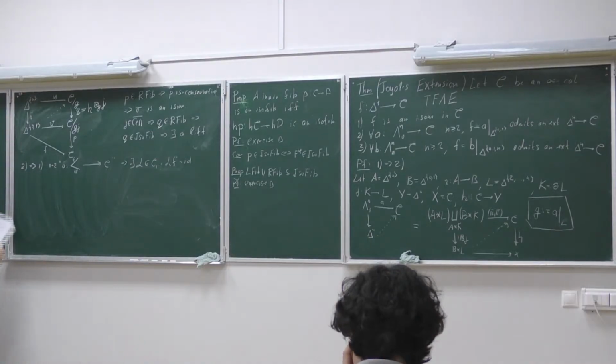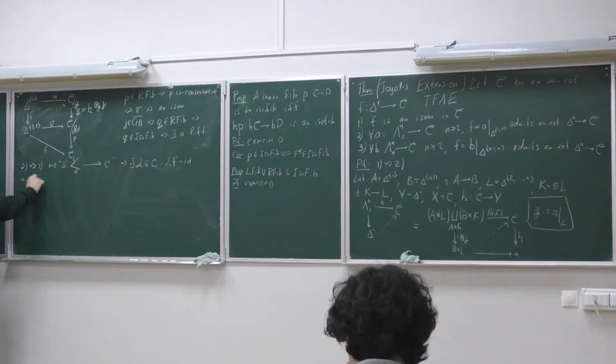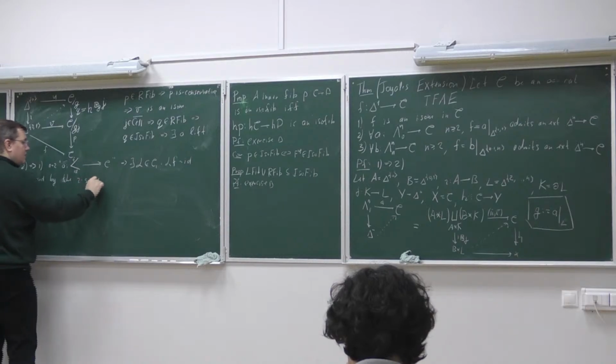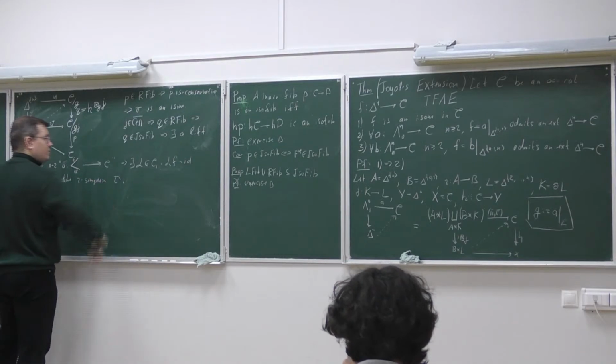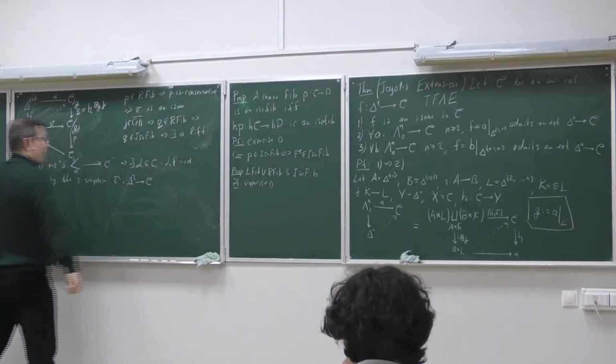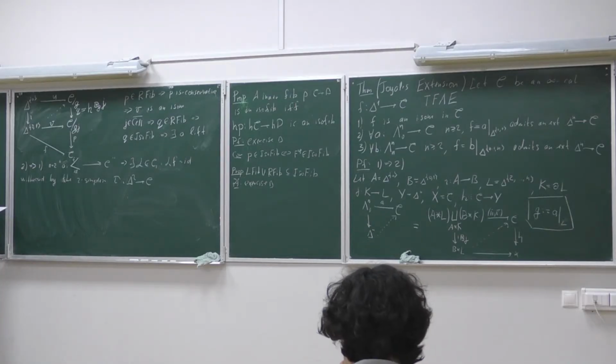And this composition is witnessed by the 2-simplex which we obtained by that extension, from delta 2 to C. Okay, so at least we immediately see that for this map f there is a left inverse.